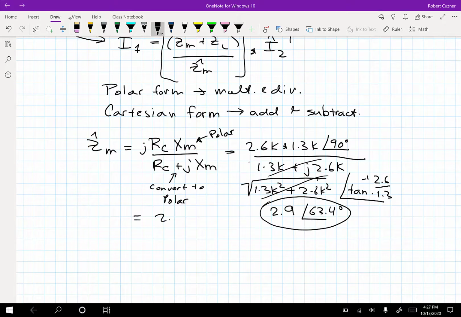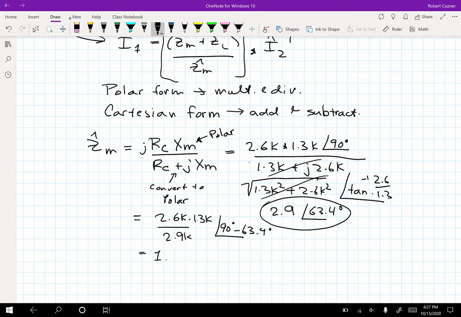So I've got 2.6k times 1.3k over 2.9k, 90 degrees minus 63.4 degrees. I know I've done it right because I've got a positive angle because it's a lagging load.